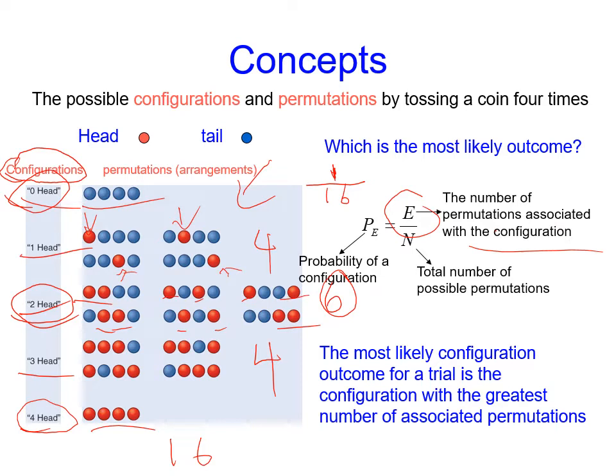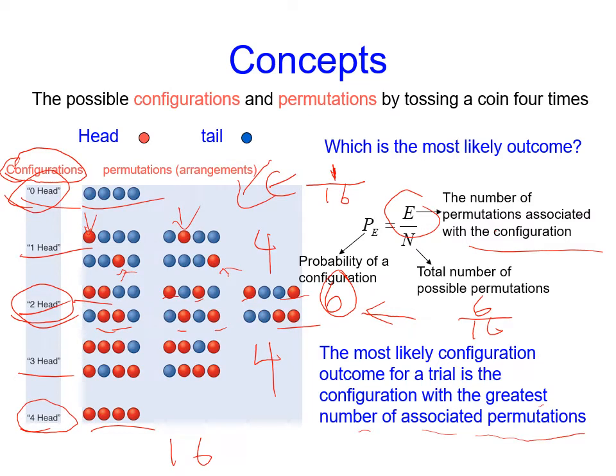So 1 divided by 16 for 0 heads. And for 2 heads, we use 6 divided by 16. So that's the largest probability, for 2 heads. The most likely configuration outcome for a trial is the configuration with the greatest number of associated permutations.